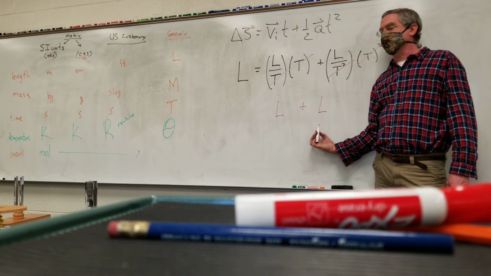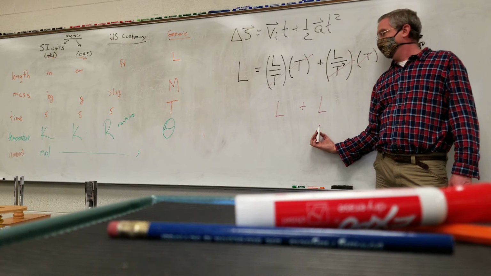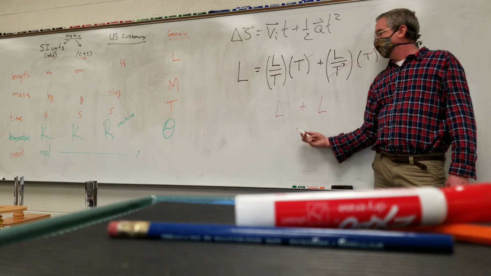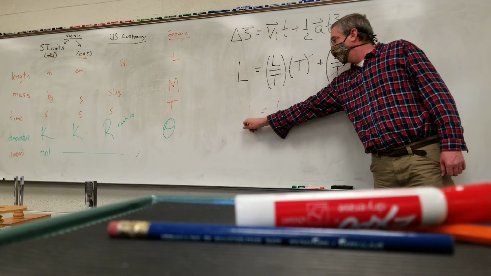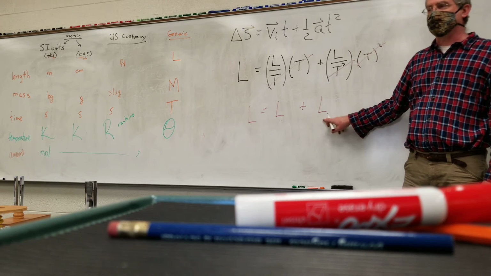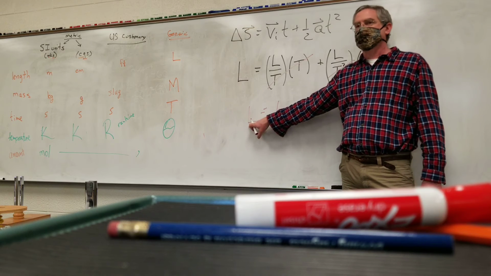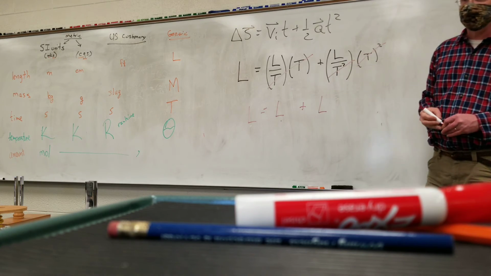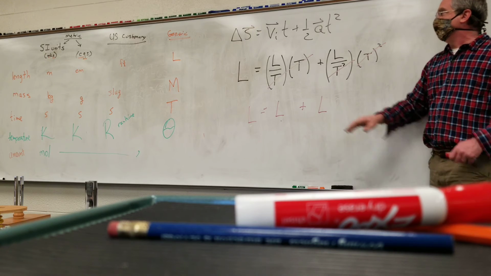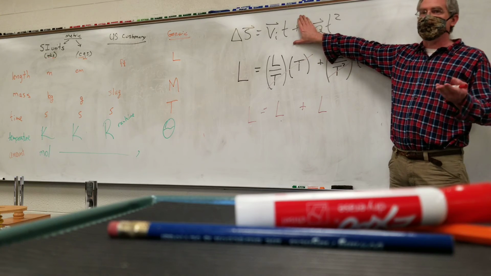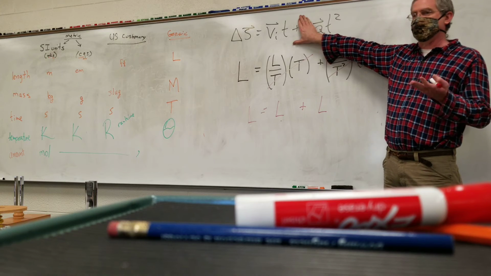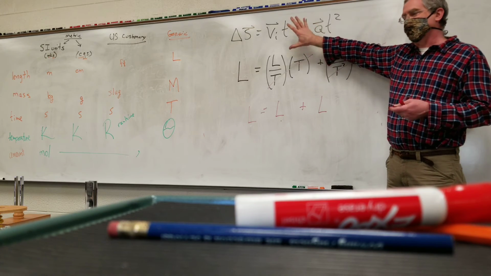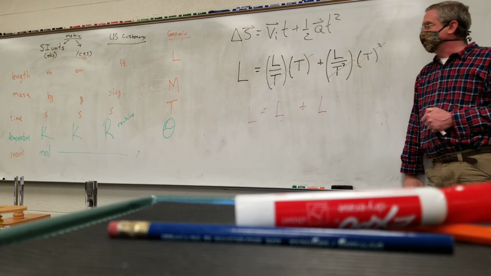You combine apples, you combine oranges, but you don't combine apples and oranges. So I have some number of L's plus some number of L's is going to give me some number of L's. That works. This is dimensionally sound. If I had left the one half off, it's still dimensionally sound. It's not a correct equation anymore, but it's still sound dimensionally. So this is just a brief, crude check.